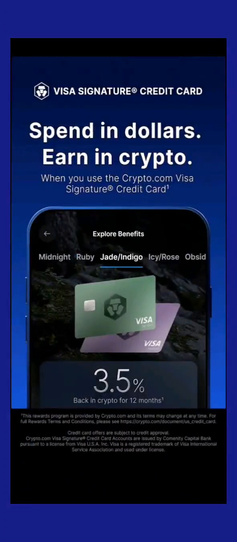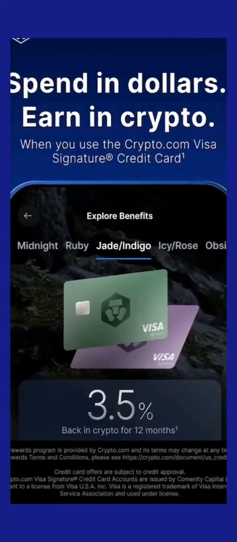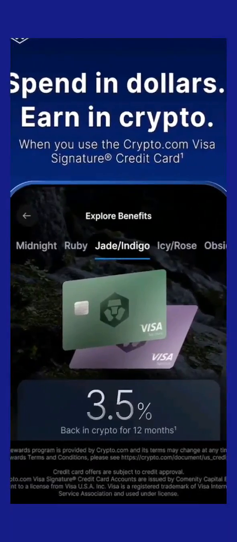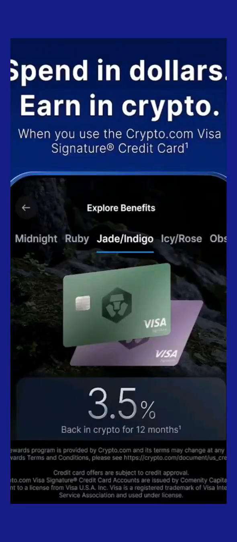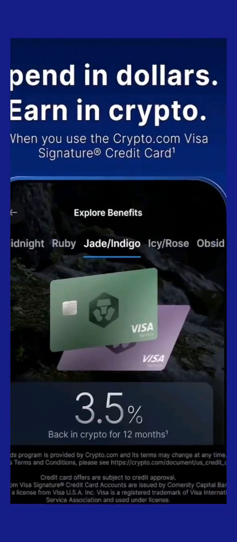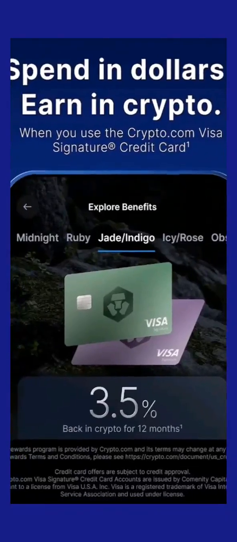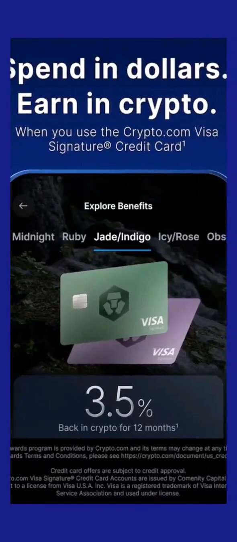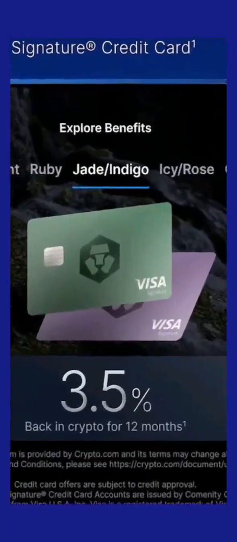And speaking of limits, while there might not be a hard limit on holdings, getting the best benefits often means staking a certain amount of CRO, right? More cash back, better rates. Definitely. It's not a limit per se, but the amount of CRO you stake directly influences your rewards tier. So it strongly incentivizes holding larger amounts if you want to maximize those benefits and, as you said, sort of level up within their system. Makes sense.